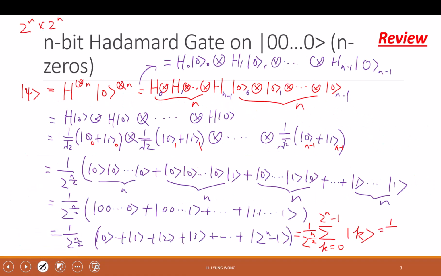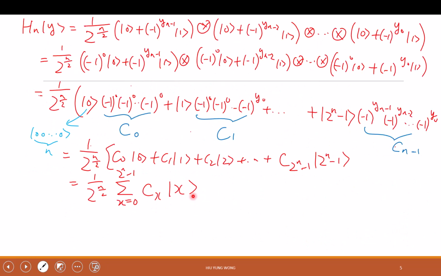This is the same as 2 to the power n divided by 2, x equal to 0 to 2 to the power n minus 1, x, right? Do you see that? I just sum over the x. And here I also sum over the x, but each of them has Cx in front of it. Now the question is, what are the possible values of Cx?